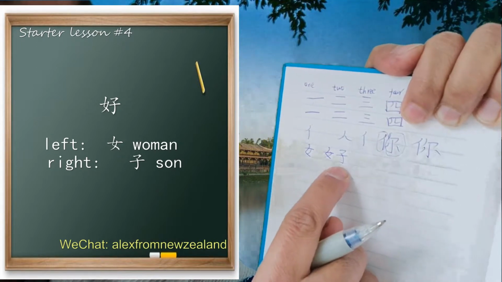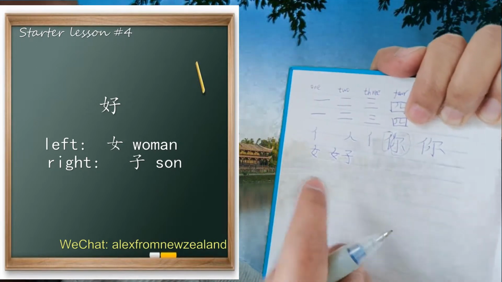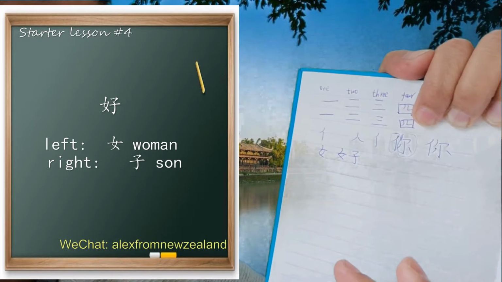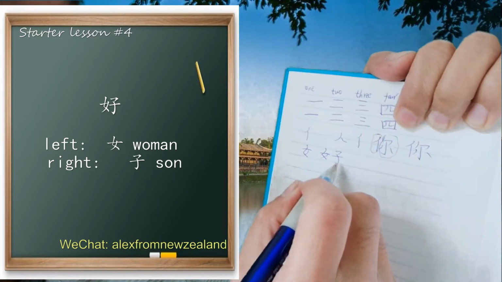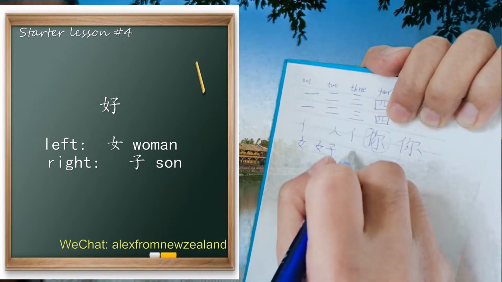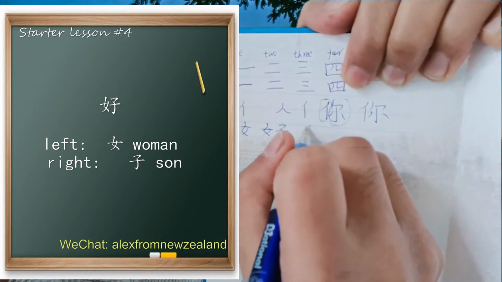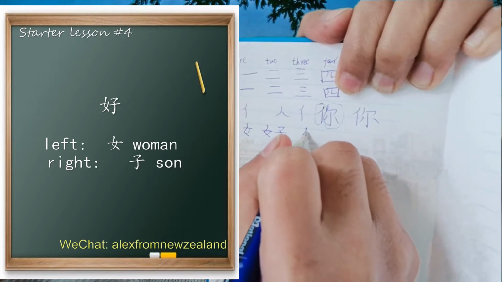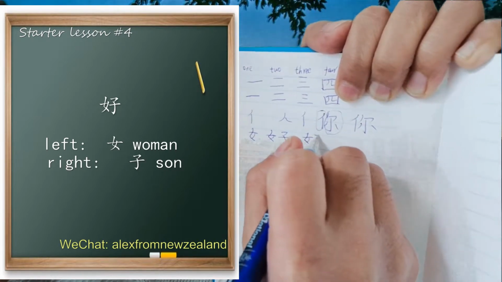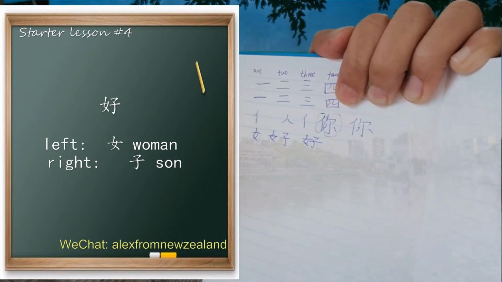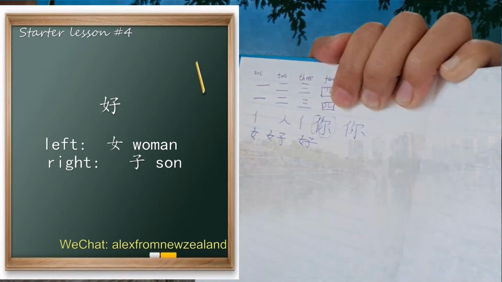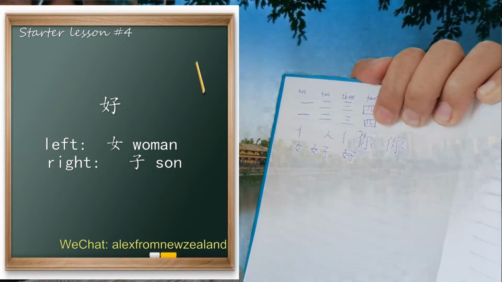This part called 子. 子 means son, your son, okay? 女子 pieced together is 好. Let me show you again. 1, 2, 3, 4, 5, 6. Okay, it's 好. 好 means good. Okay? Not very hard, not very difficult, I think.